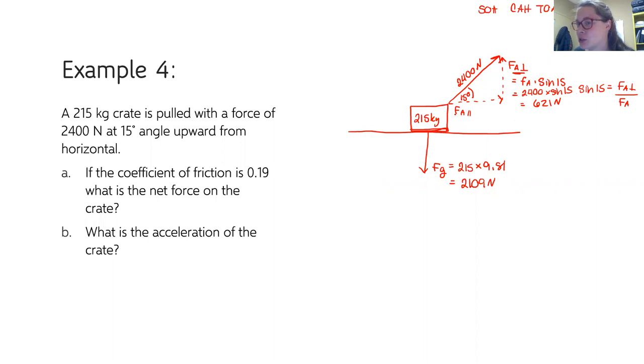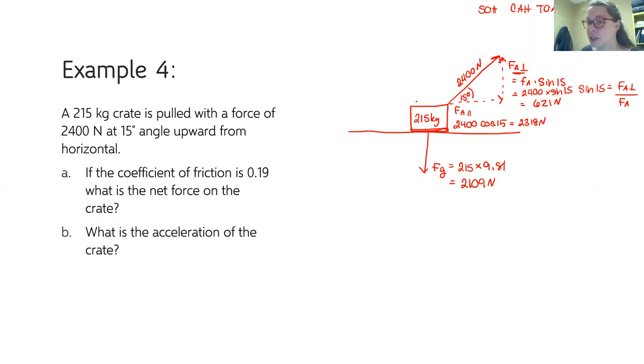The force that's parallel to the surface, the force pulling directly towards the right, is equal to 2,400, and we're just going to change from sine to cos. Cos of 15 degrees gives us a force of 2,318 newtons. So we've broken this vector into two.